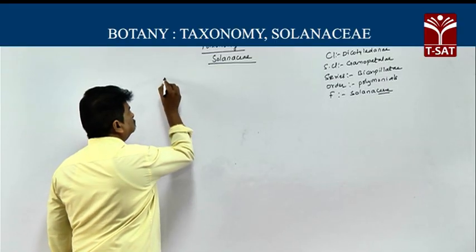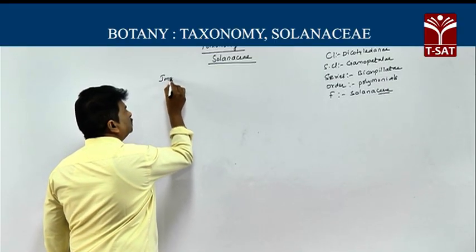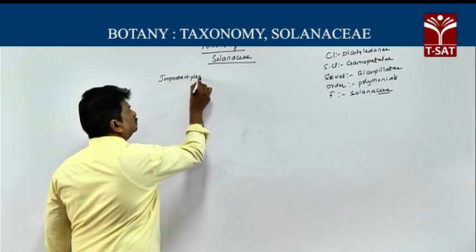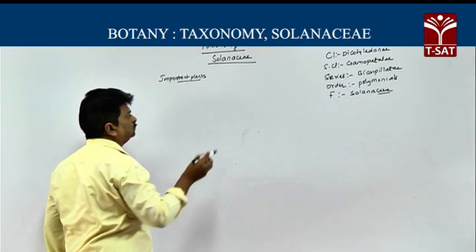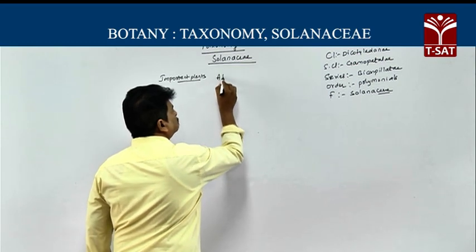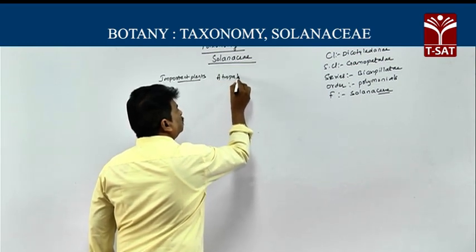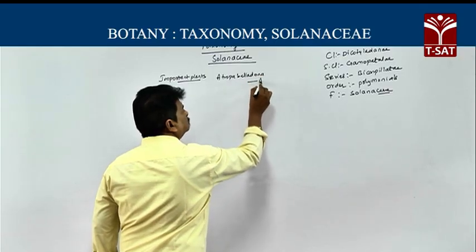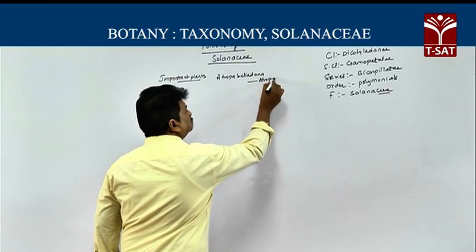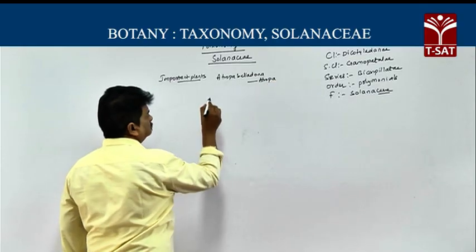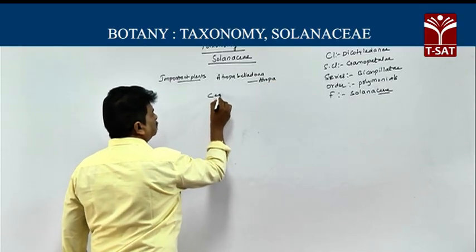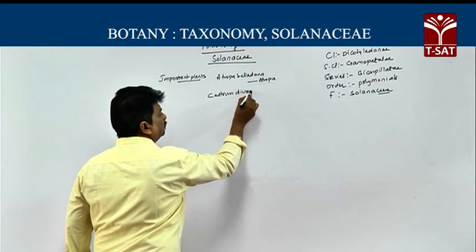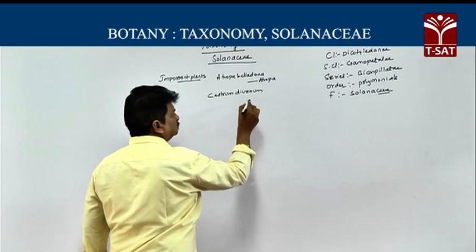Then, important plants. One is Atropa belladonna, common name Atropa. Next one, Cestrum diurnum, day king.